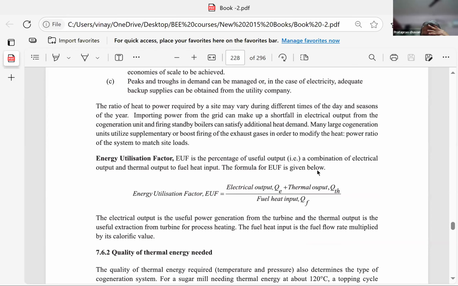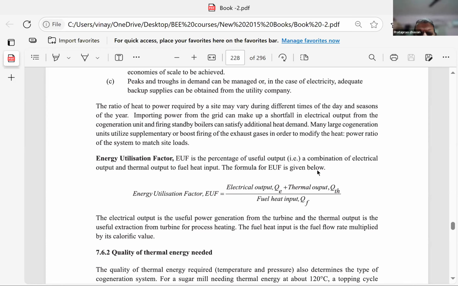Now, energy utilization factor, EUF, is the percentage of useful output, a combination of electrical and thermal together, depending on what is the input. As an auditor, you must always remember what is efficiency, whether it is process efficiency, boiler efficiency, turbine efficiency, anything.